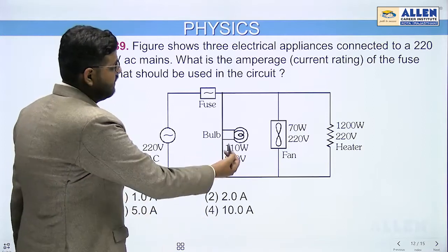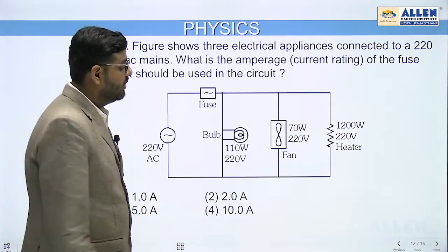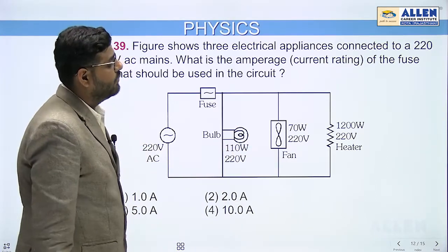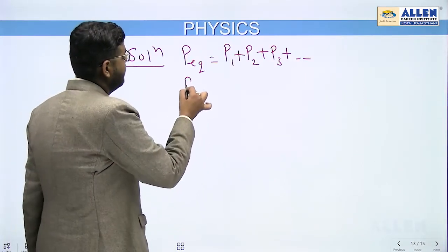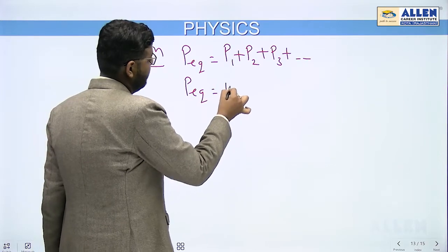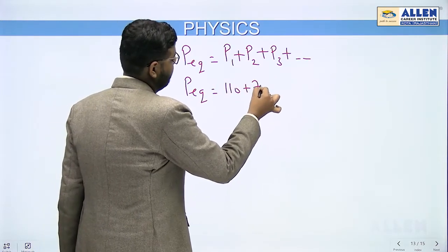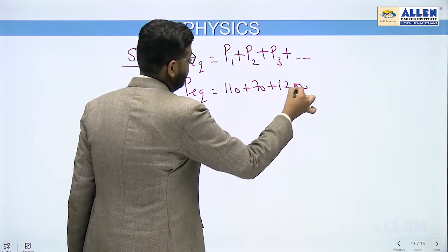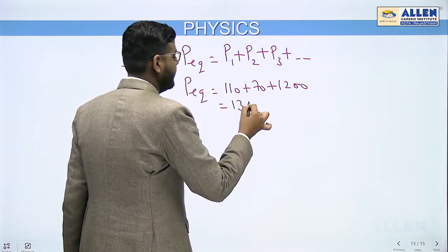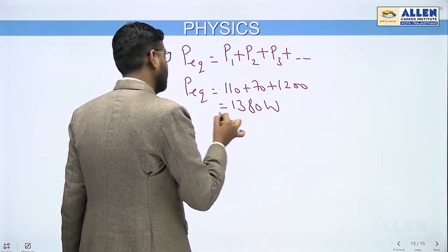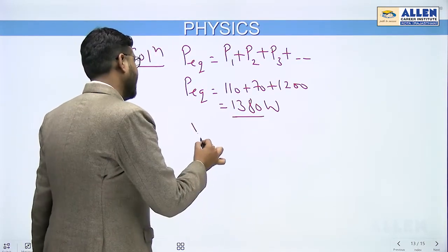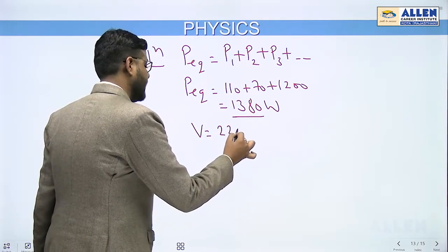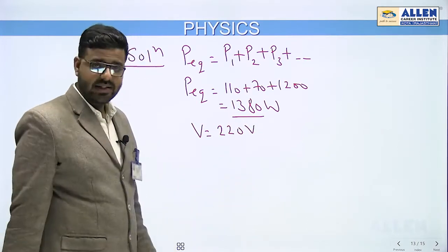So here the power of the bulb is 110 watt, for fan it is 70 watt, and for heater it is 1200 watt. So P equivalent for this circuit comes out to be 110 plus 70 plus 1200, that is 1380 watt. So equivalent power, that is 1380 watt, is connected to a 220 volt AC supply.